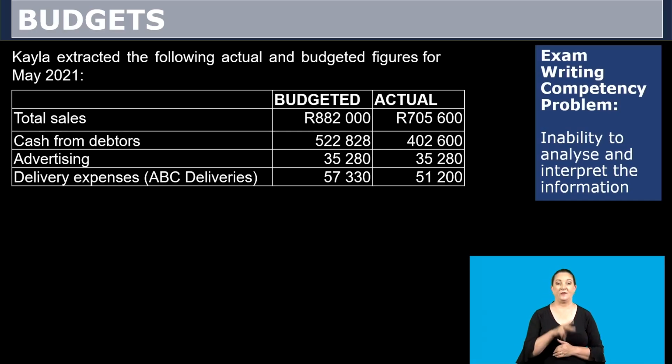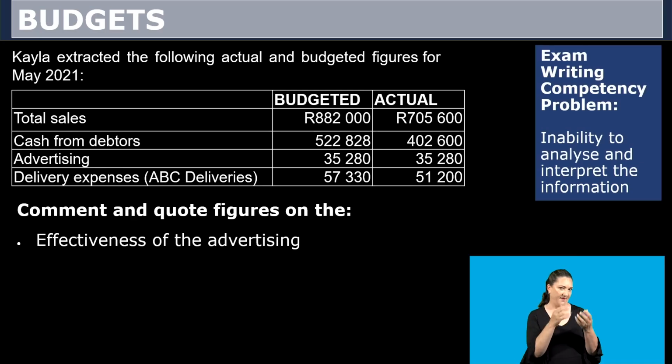It says, Kyla extracted the following actual and budgeted figures for May. Comment and quote figures on the effectiveness of advertising. So we budgeted advertising of 35,280, and the actual advertising was 35,280, so it remained constant.